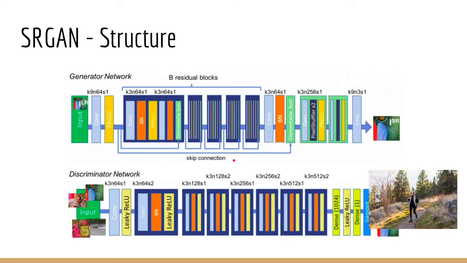And then you have the second part, which is the discriminator. The discriminator network takes pairwise samples. It is supposed to get a high resolution and a low resolution image, compare them, and say whether it finds them to be the same or not.